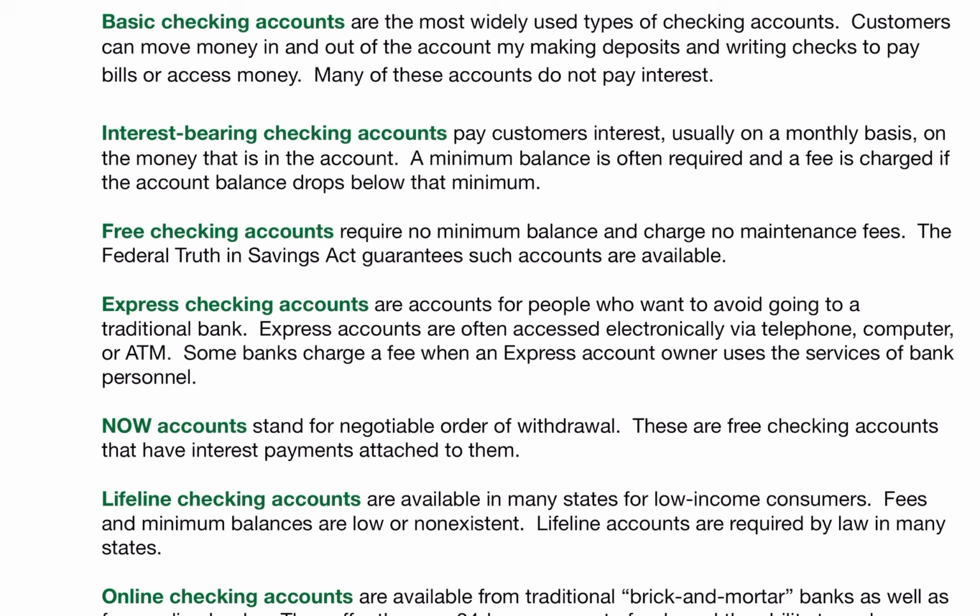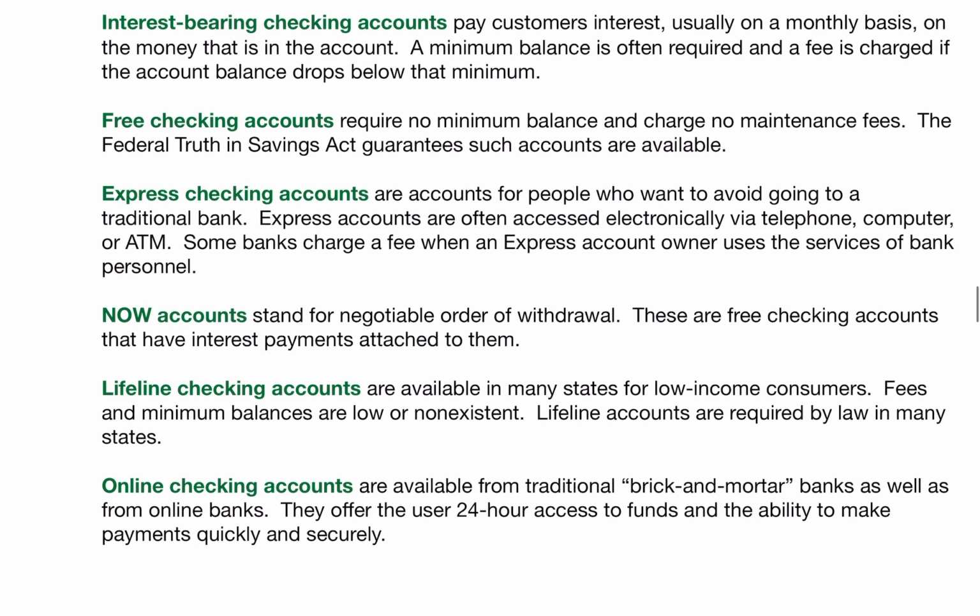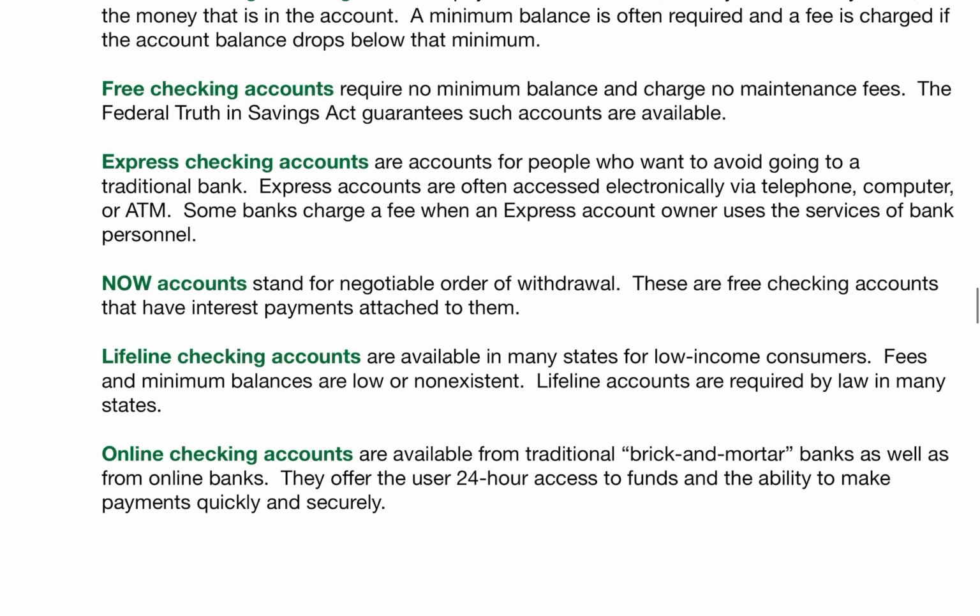Then there's also what's called a free checking account. There's no minimum balance required. They don't charge a maintenance fee. The Federal Truth in Savings Act guarantees that banks offer these types of accounts. Then there's also what's called the express checking account. These are accounts for people who don't want to go into a bank to conduct business.